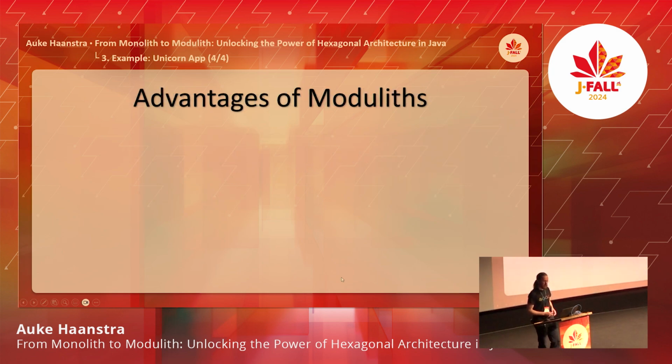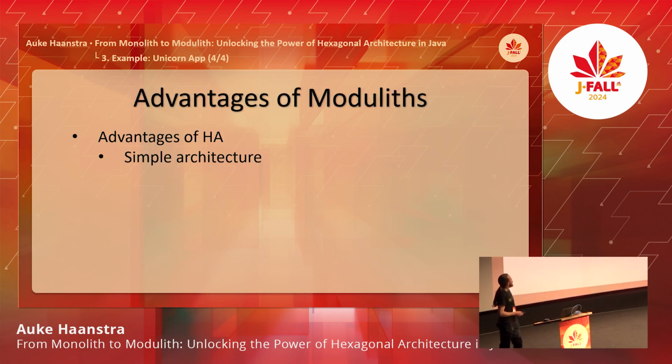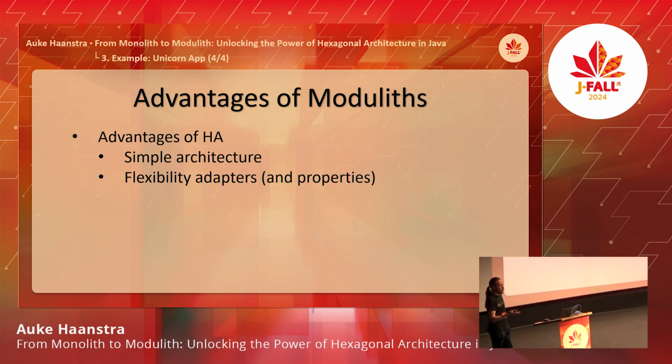So what are the advantages of Moduliths? Well, first off, the advantages of hexagonal architecture. It's a simple architecture, one of the simplest, cleanest architectures there is, and we saw it has a very simple package structure.